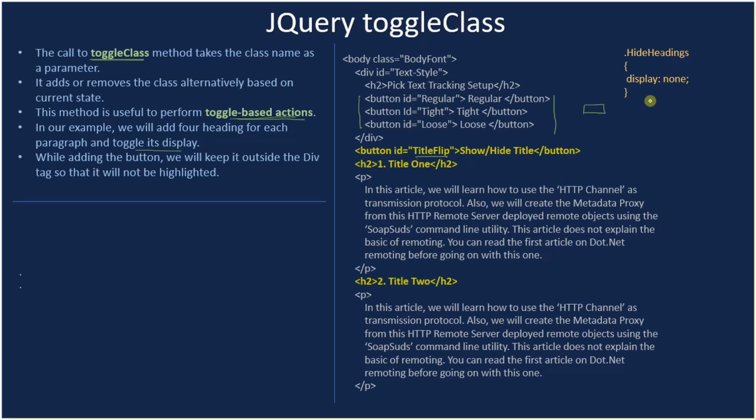Suppose you apply this class attribute to the paragraph, when the HTML is rendered, it will not display this paragraph because display none is set. And when you remove the class attribute, then the paragraph will be displayed. The same technique we are going to apply to these heading tags, and we will do that by means of the click event for this specific button.